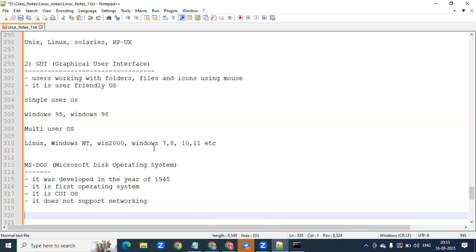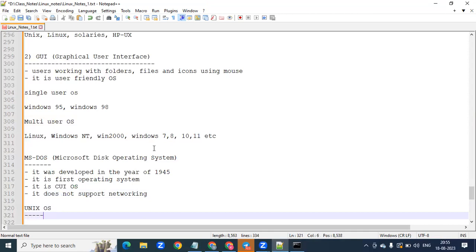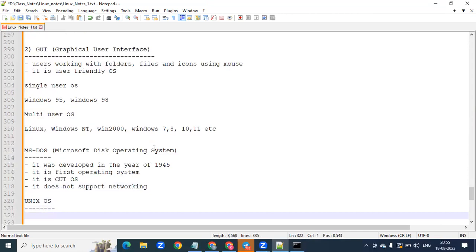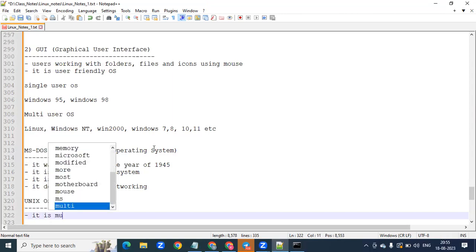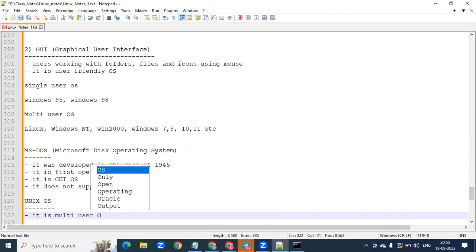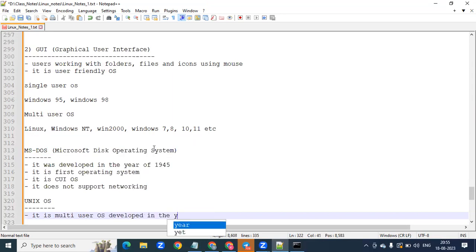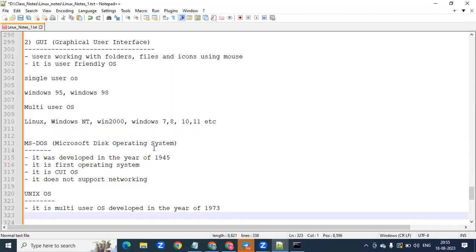That is MS-DOS. Coming to Unix OS, it is a multi-user operating system which was developed in the year 1973.